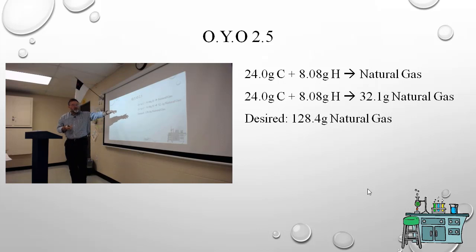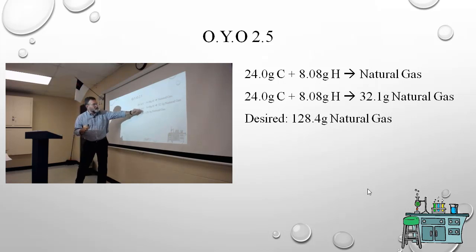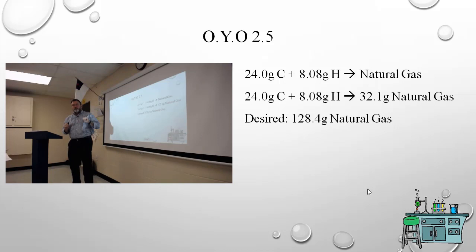In this case, they're telling you the perfect recipe to make 32.1 grams of natural gas. That perfect recipe comes from adding 24.0 grams of carbon to 8.08 grams of hydrogen. And when you do that, you will get 32.1 grams of natural gas and no extra carbon and no extra hydrogen. That's the perfect recipe for that much. We good so far? Okay.